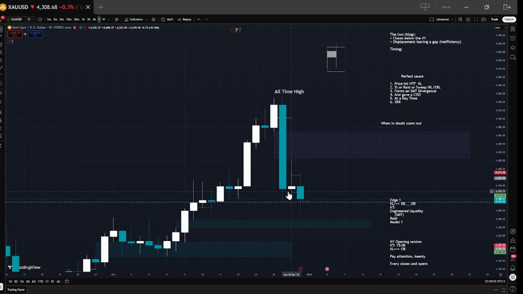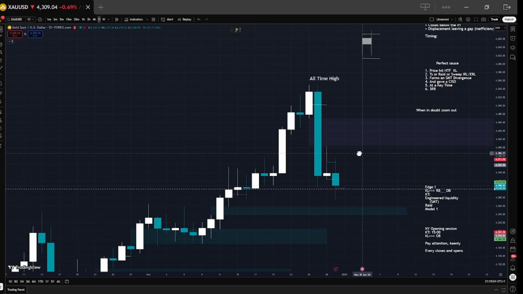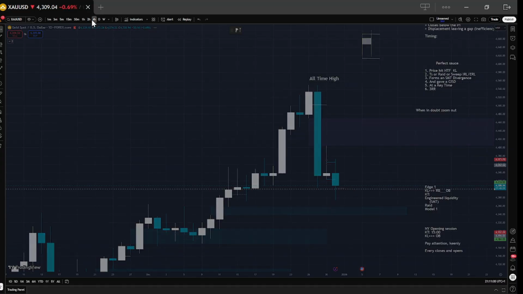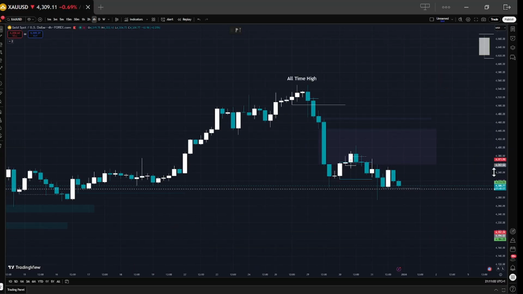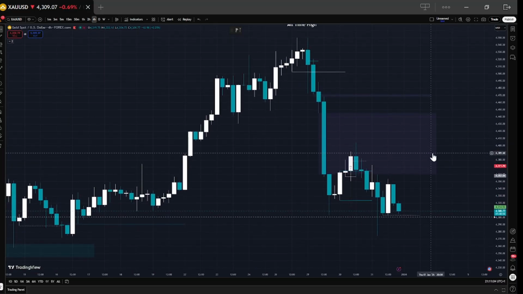Or sometimes it might be a path to engineering liquidity or generating liquidity, which is the second thing that price does. So of the four things that price does, that's the second, engineering liquidity.